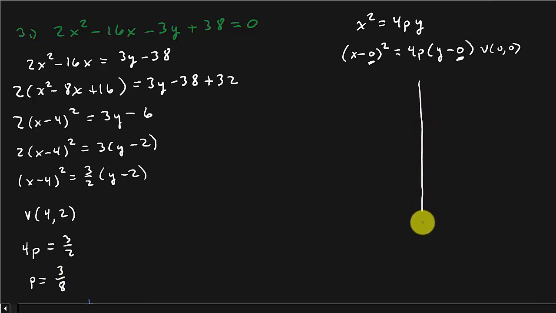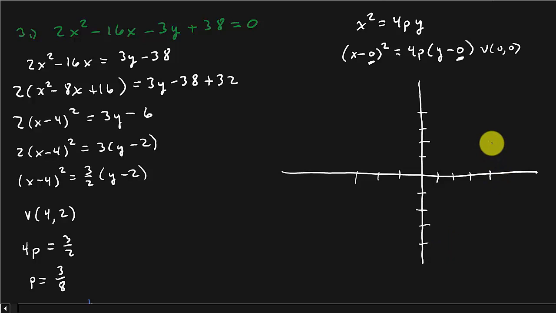Let's sketch our parabola in there and use that to figure out what our focus and directrix are. So if I draw this, I've got 1, 2, 3, 4, 1, 2. All right, so if I plot my vertex, that's the point 4, 2. And I know this parabola is going to open upward, right?